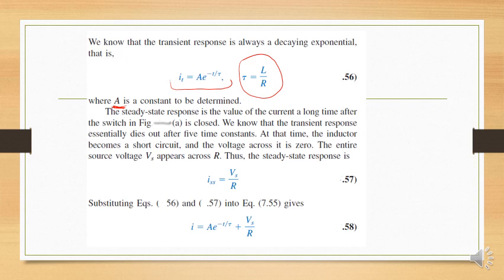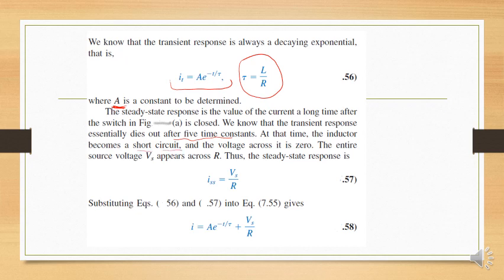Similarly, the steady state response is the value of the current long time after the switch in the figure is closed. And as we know the transient response dies out after 5 time constants, or sometimes after 4 time constants, but mostly after 5 it is 0. At that time the inductor becomes a short circuit.